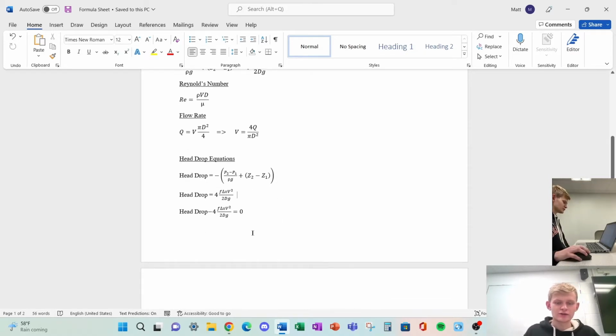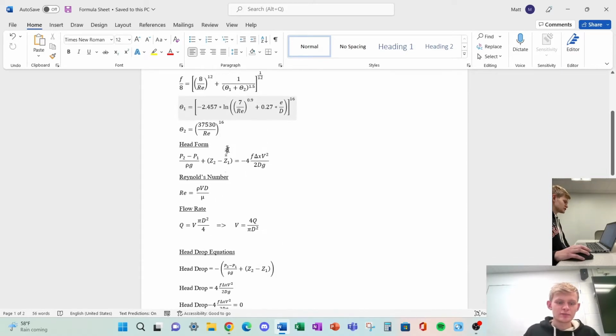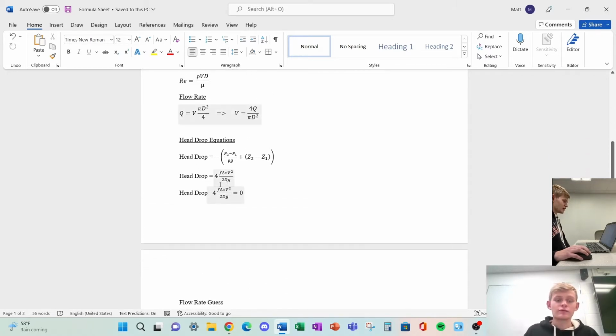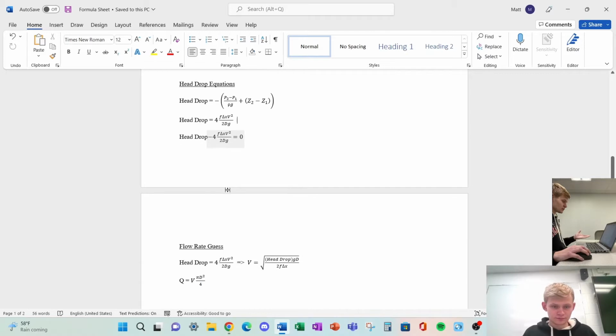We also have our head drop from the Churchill equation up here. And from this, we're going to say that our 2 head drop equations, subtracted from each other, are going to be equal to 0.